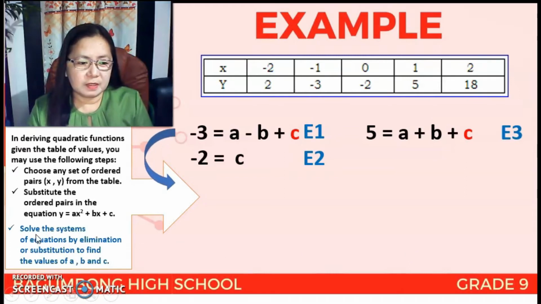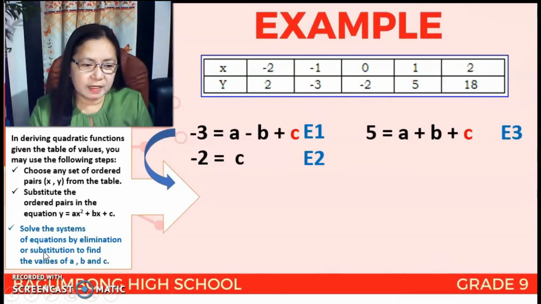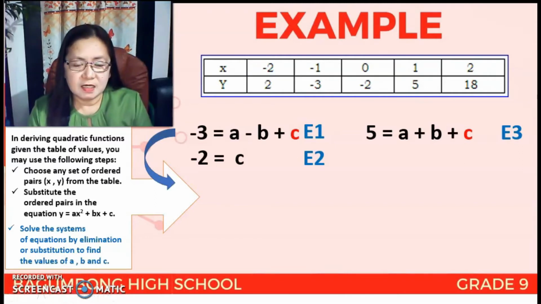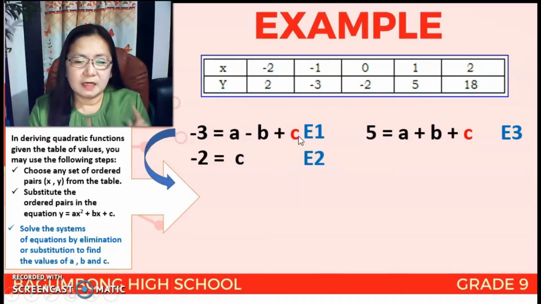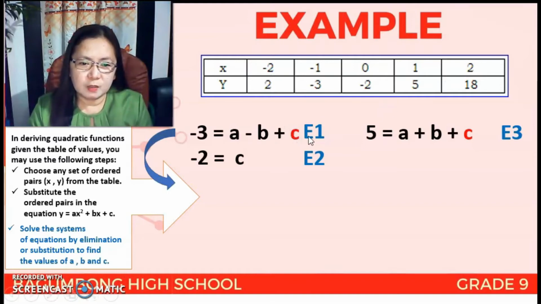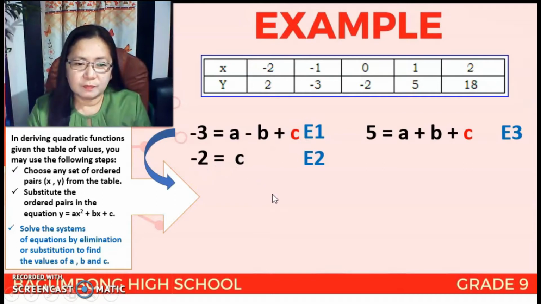Next step, solve the system of equations by elimination or substitution to find the values of a, b, and c. So we will use equation 2, which is negative 2 is equal to c, in equation 1. In other words, we will substitute the value of c, which is negative 2.